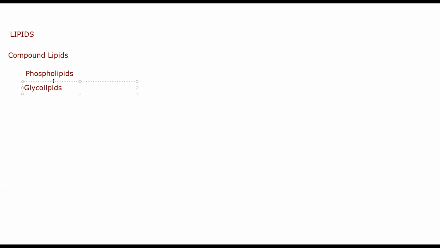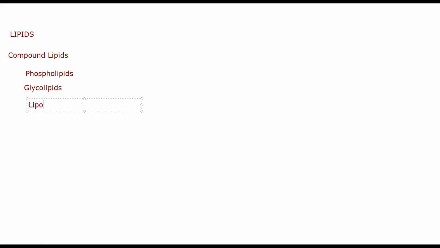Generally, these glycolipids are seen in your myelin sheath, in your brain, and the white matter of your brain. That is where glycolipids will be present. The main difference between phospholipid and glycolipid is that glycolipid will have a carbohydrate molecule, whereas a phospholipid will have a phosphoric acid molecule. Again, glycolipids in turn will have several types in them. We will not get into the details of that.